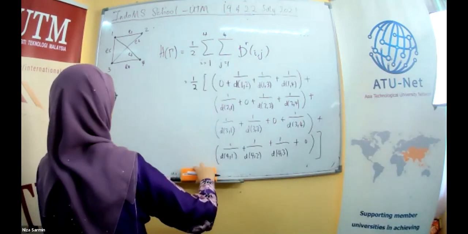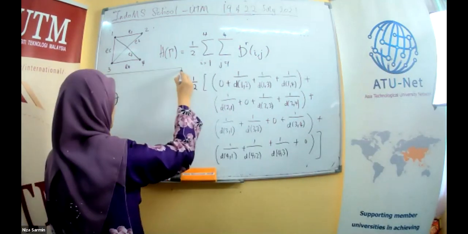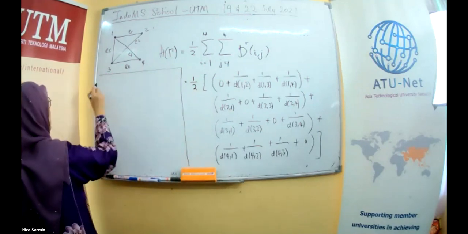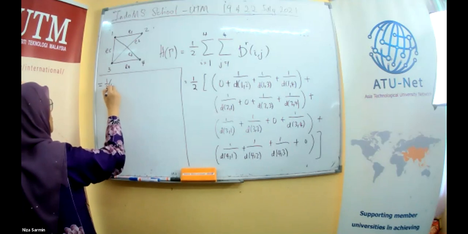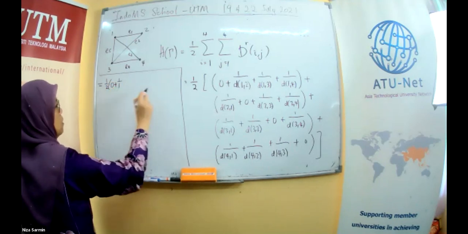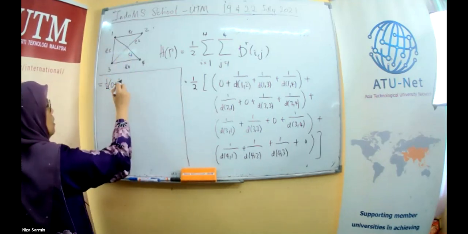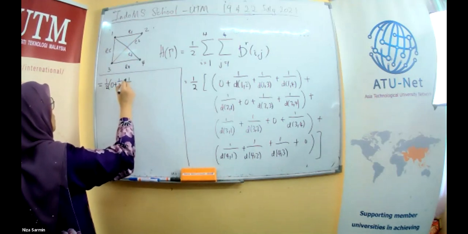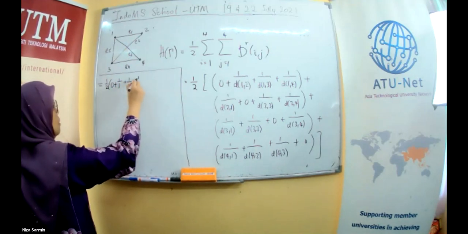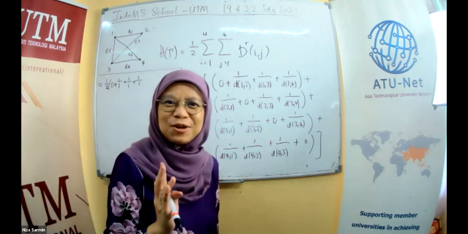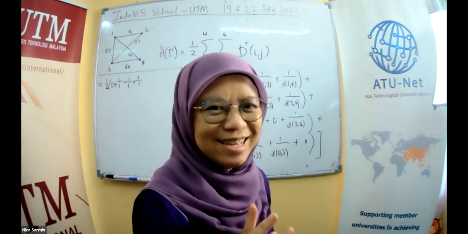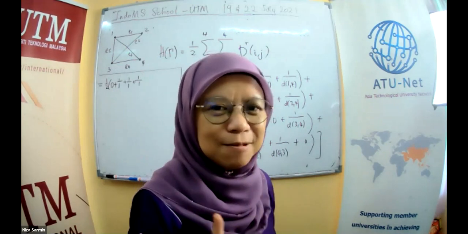Let's try not to erase. 0 plus 1, right? The distance from 1 to 2 is 1, 1 to 3 is 1, 1 to 4 is 1. So you imagine if it's a complete graph, it's all ones.